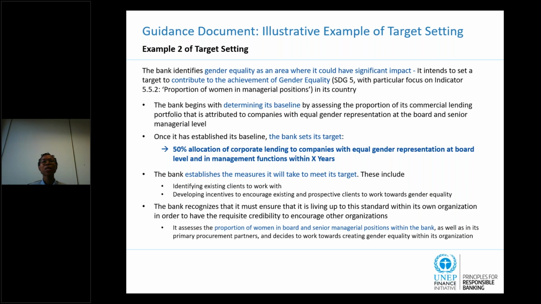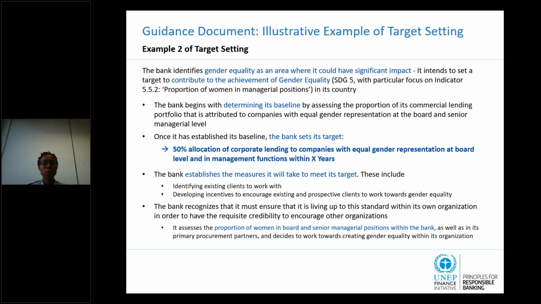So the bank then establishes measures that it's going to take in order to meet this target. And these include identifying which clients to work with, and also developing incentives so that it can encourage existing and prospective clients to work towards gender equality. So it recognizes that, well, in order for me to encourage other organizations to work towards gender equality, I need to be doing the same internally.